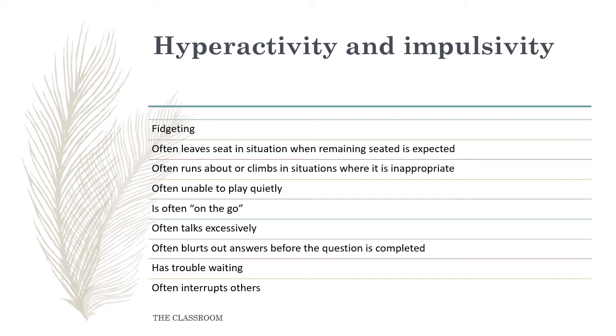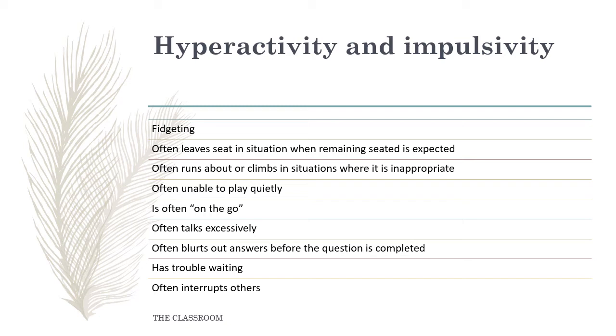The second is they often leave their seat in situations where remaining seated is expected. For example, if a class is going on, the child would have a very hard time remaining seated in his seat. He has to get up and move. So the child leaves the seat again and again, whereas the situation expects the child to sit on his seat. That is the second symptom.